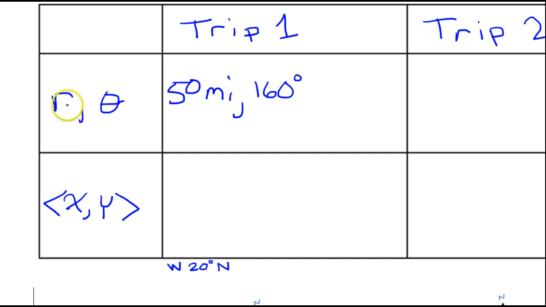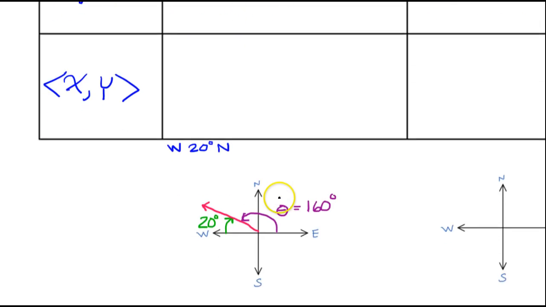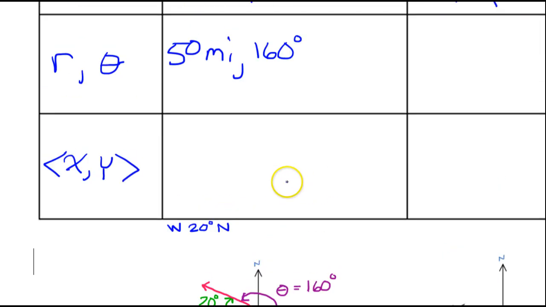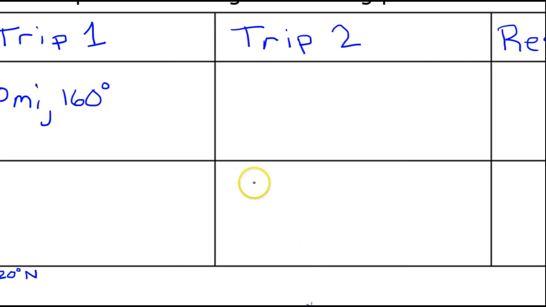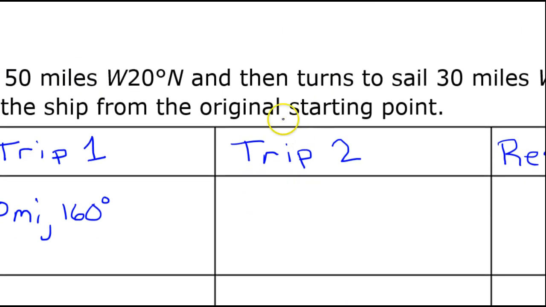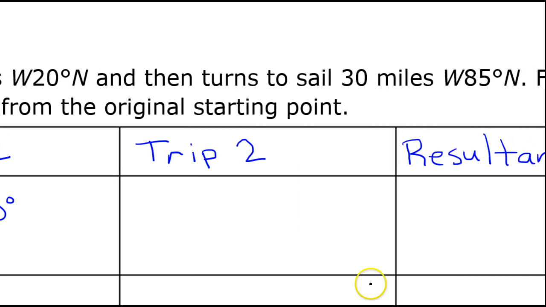Make sure when you're doing the magnitude and direction on this chart, always use the direction measured from the positive x-axis counterclockwise. Alright, let's move on to trip 2. Then turns to sail 30 miles west 85 degrees north. So the 30 miles is the magnitude.